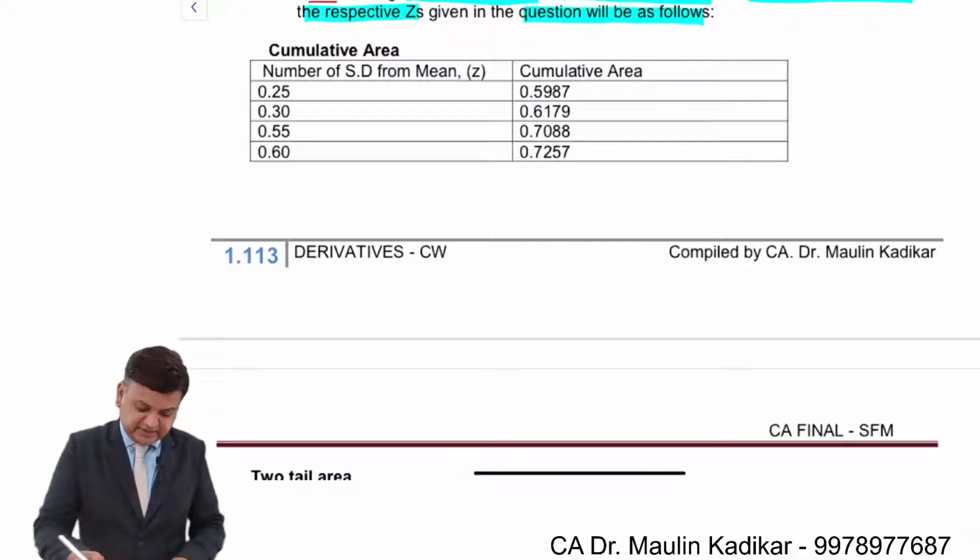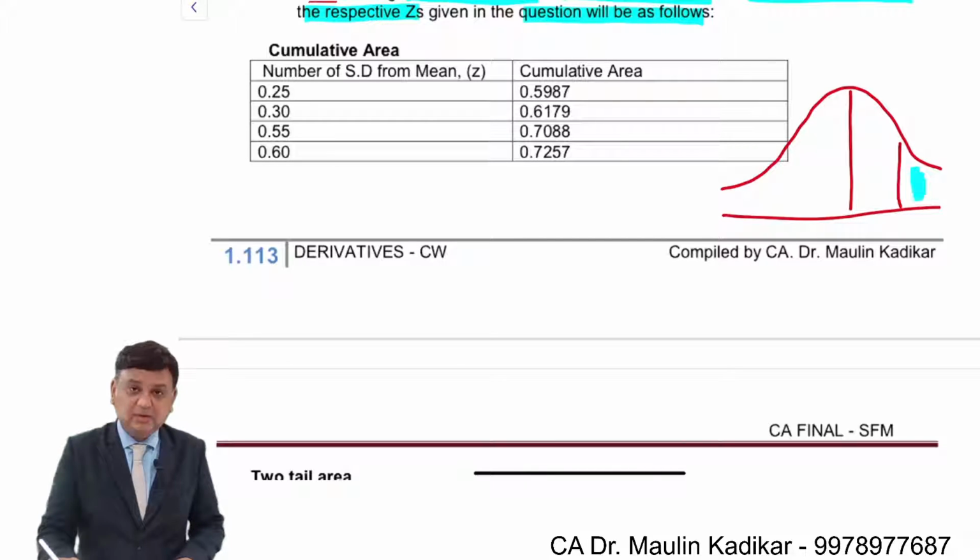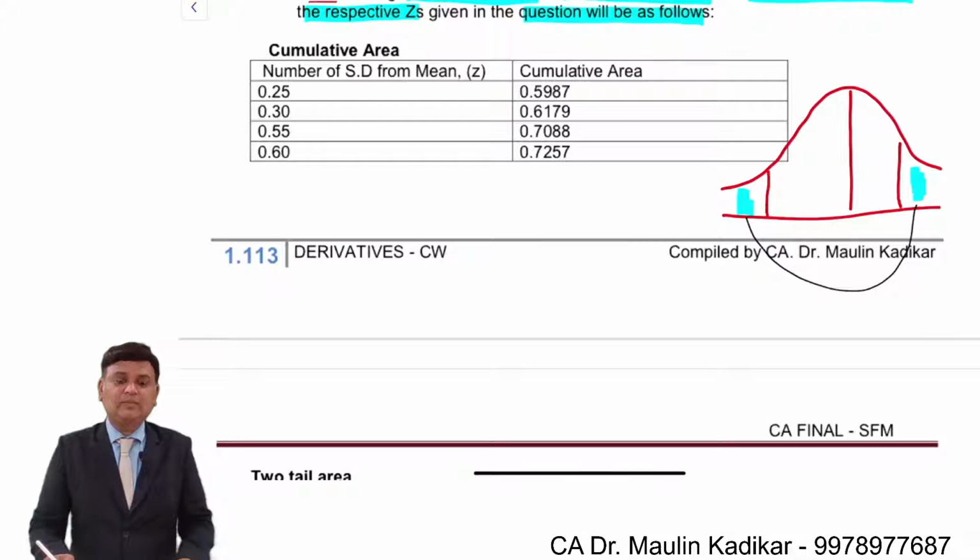So friends, two tails means very simple. It is like this. One tail means this. Two tail means this plus that. That is what we understand as two tail. So we have to understand two tail divided by 2 becomes one tail.